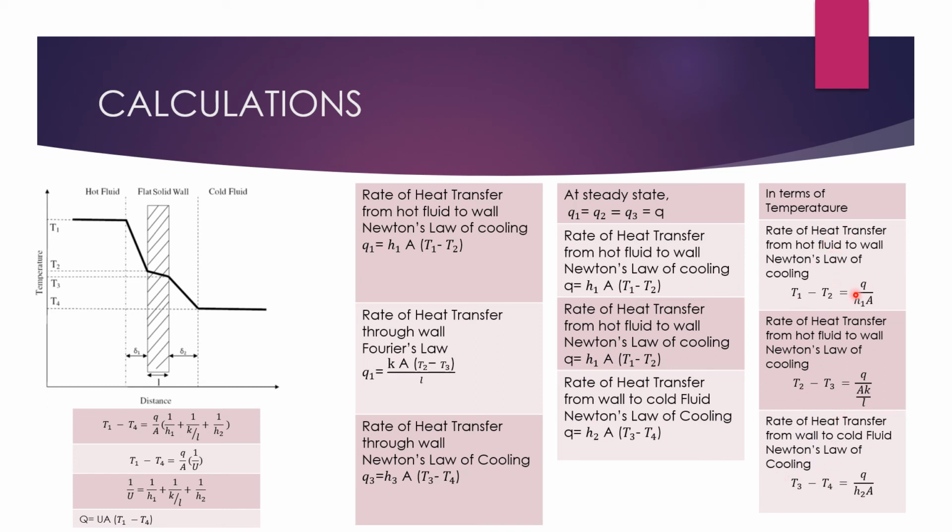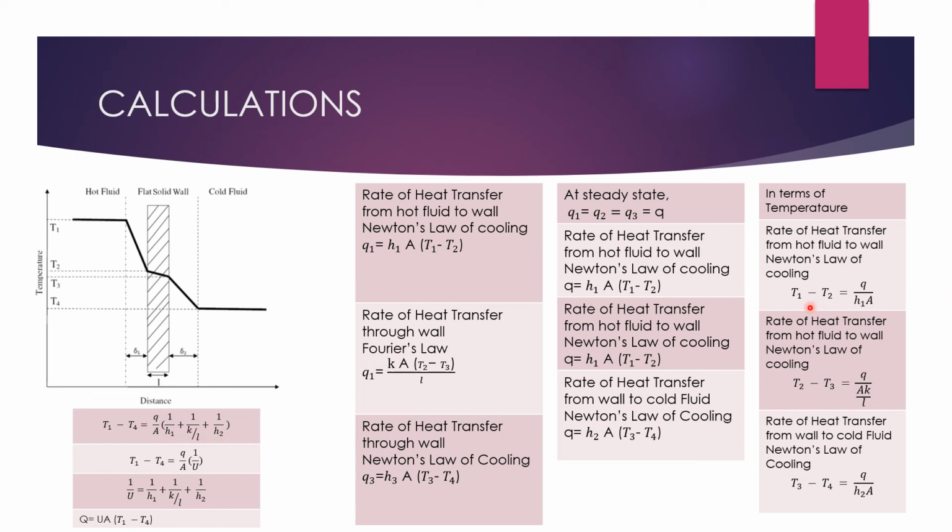And on the RHS, what we can do is we can take common Q by A, as the Q upon A term is common in all these three equations, so we can take it as a common term, and the rest of the terms we can write in the bracket, as you can see I have written over here.